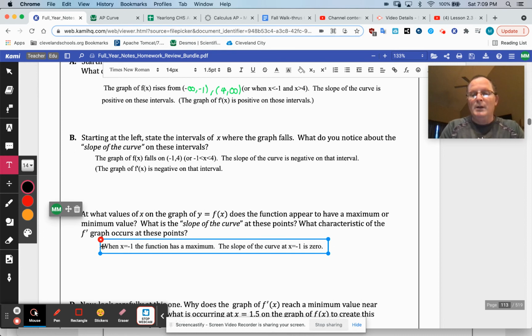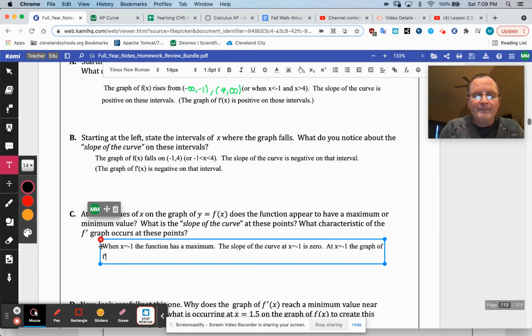So at that moment, at x equals -1, the graph of f prime of x crosses the x-axis, or y equals 0. But it's more than that because it's a maximum. It actually crossed the x-axis from above. But we'll talk more about that later.